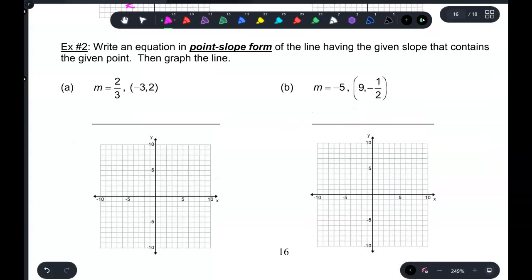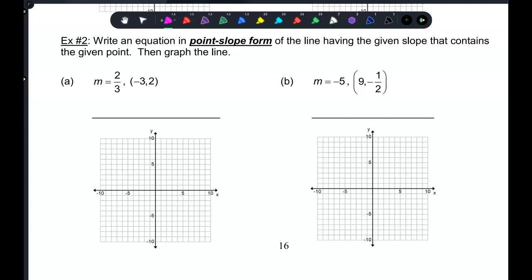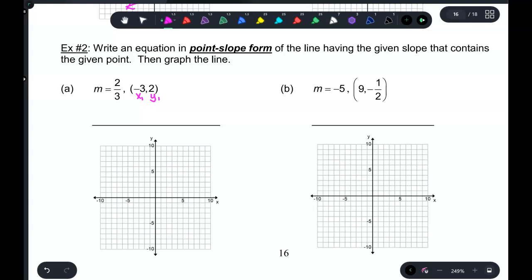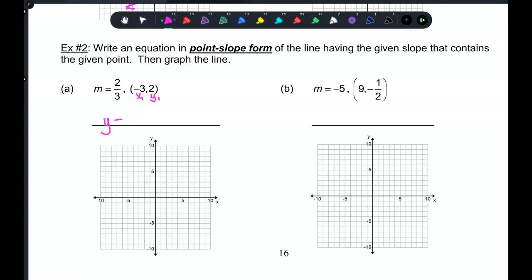Okay. All right, now we're going to do point slope form. So this is x1 and this is y1. So we're leaving x and y the way we see it. So remember, point slope, it's going to be y minus y1, which is 2, equals m, that's 2/3, parentheses, x minus x1.